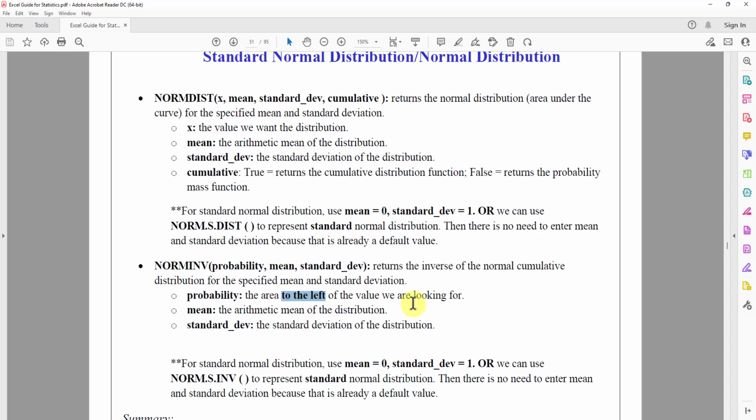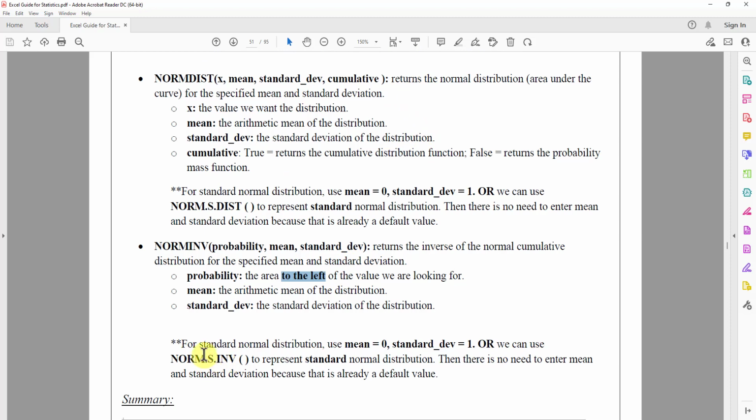If we are using the standard normal distribution, we can also use another similar function with the extra s before the inv. If we include the s, then it represents the standard normal distribution, and there's no need for you to enter the mean and the standard deviation because Excel knows that the mean should be 0 and the standard deviation should be 1.